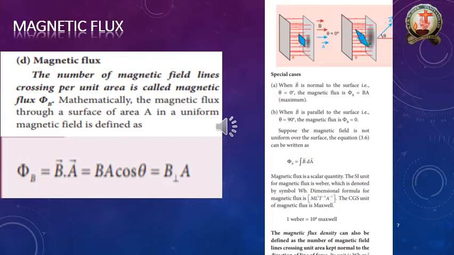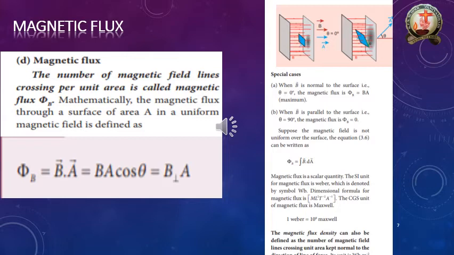Why did I write B bar dot A bar? Once again, please see the definition. The number of magnetic field lines. Magnetic field lines is nothing but the magnetic field, right? So magnetic field lines are crossing per unit area. Area we can denote as A, and magnetic field as B. So magnetic field lines are crossing per unit area.